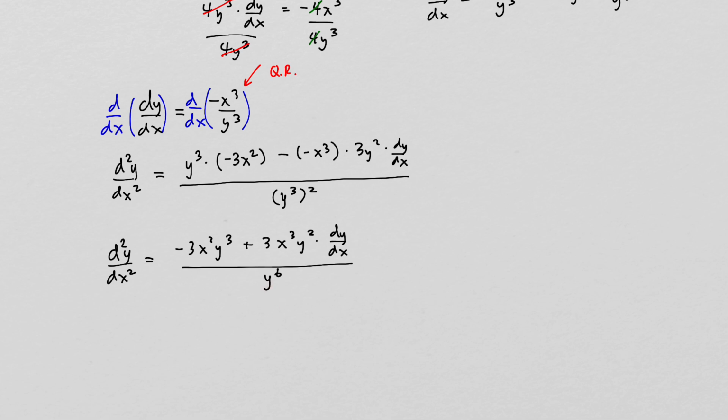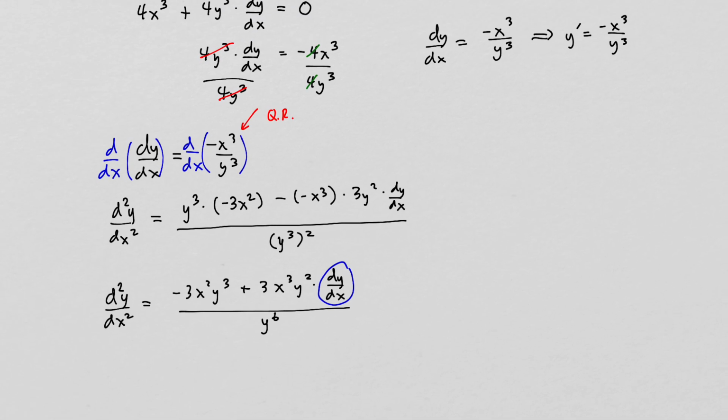over y to the 6th. Now, if you're not careful, you might think that you're done here because we have found the second derivative. But we really want this second derivative to be expressed only in terms of x's and y's. In other words, we don't want to have this dy dx in here. So now let's remember that dy dx is negative x cubed over y cubed.